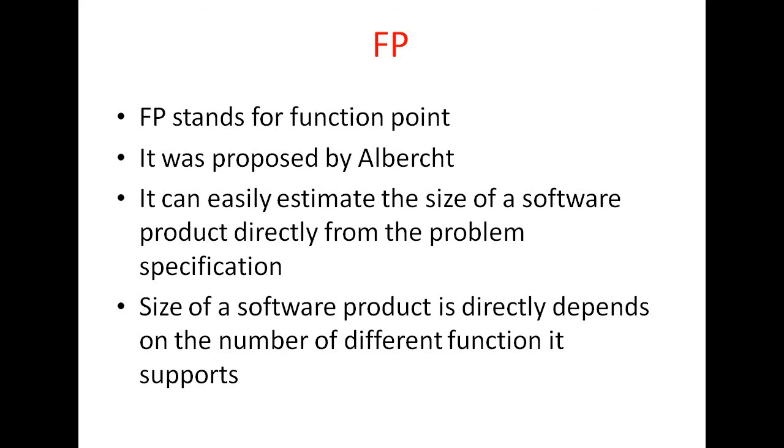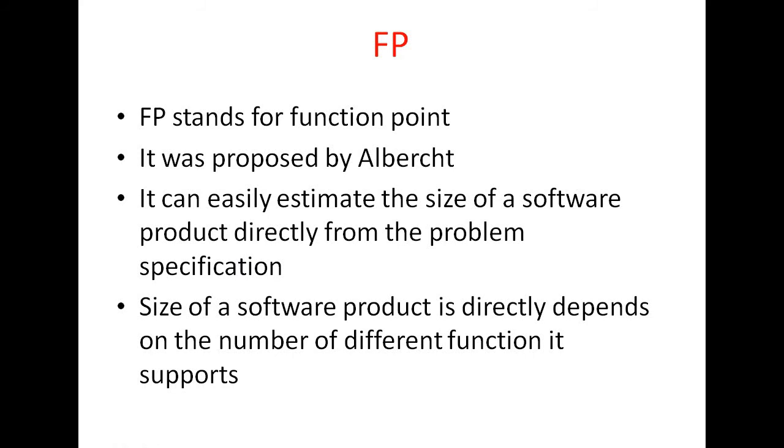Again I am telling you, LOC count gives importance to the number of source code lines in the program, but function point gives importance to the number of functions it supports. Next thing is, it can easily estimate the size of a software product directly from the problem specification, but LOC count cannot.